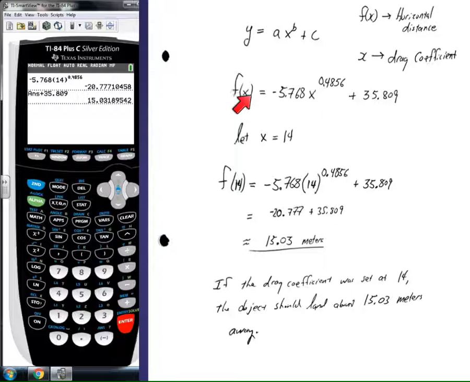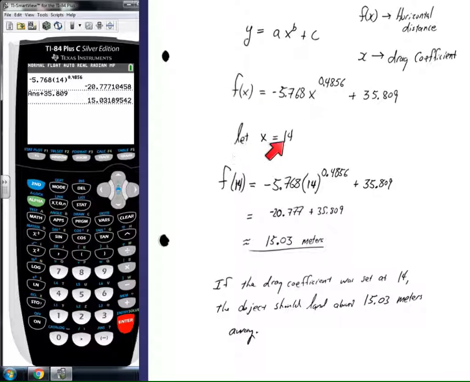That's been discussed in class, but I just want everybody to make sure that they substitute their y with f of x so that we can follow the proper rules for notation. Again, there's more discussion about this in class, but anyway, I'm going to define my variables very clearly in the corner so I know f of x represents the horizontal distance fired and x represents, in this case, the drag coefficient. So I've had my equation all written out.